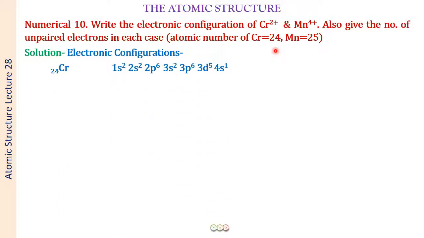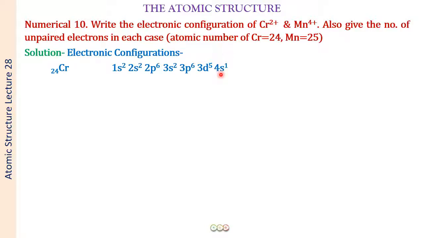So for the neutral chromium atom, we have the electronic configuration to be 1s2, 2s2, 2p6, 3s2, 3p6, 3d5 and 4s1. Now this chromium has to lose 2 electrons to form a cation, right? And if you remember, I told you to become a cation, it loses electrons from the outermost shell, right?